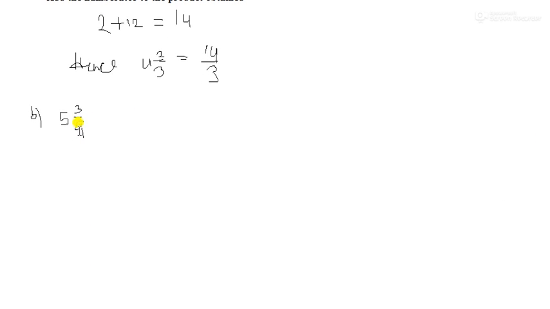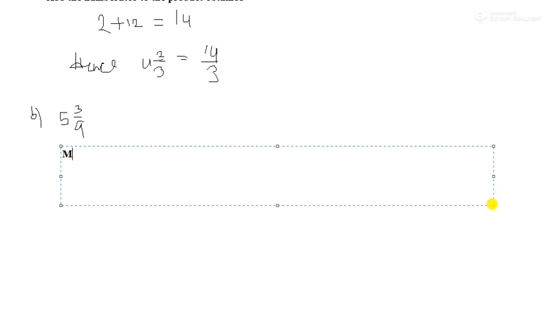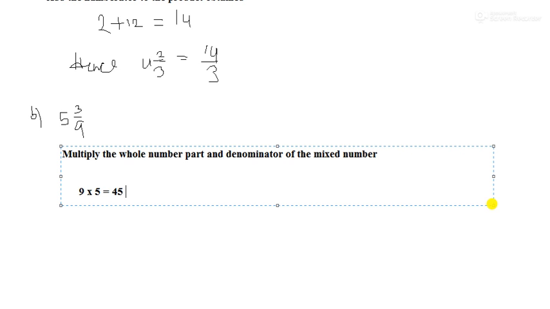Here, multiply the whole number part and denominator of the mixed number. Here 9 into 5. 9 5s are 45.